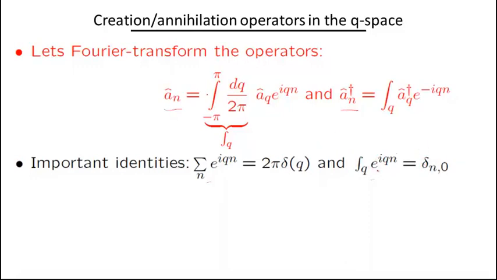This integral is equal to 0 if n is not equal to 0, and is equal to 1 in the trivial way otherwise. I'm mentioning these identities because they're very useful in deriving the form of the Hamiltonian in q space from the Hamiltonian we derived in the previous slide in real space, which was dependent on the index n.